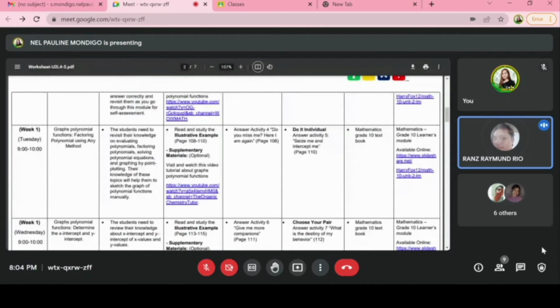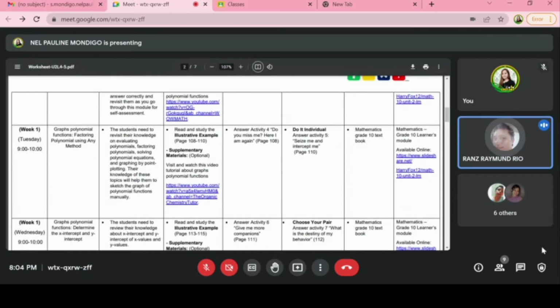For week 1, day 3, same time, 9 to 10 a.m., the learning competency is graph polynomial functions, focusing on determining the x-intercept and y-intercept. For the contextualization, the students need to review their knowledge about x-intercepts and y-intercepts, x values and y values.